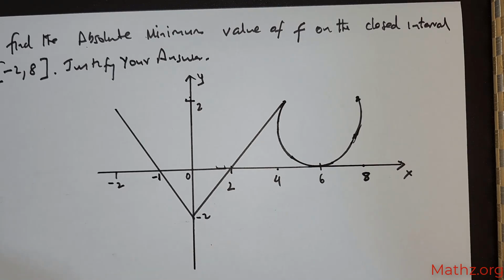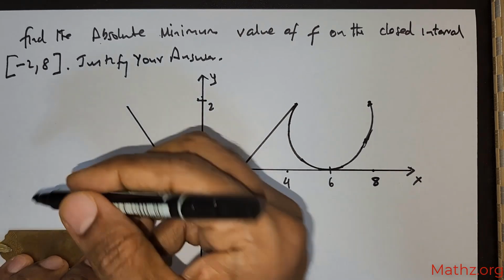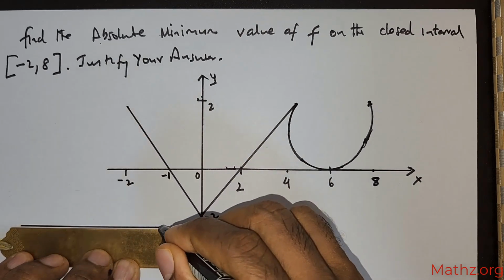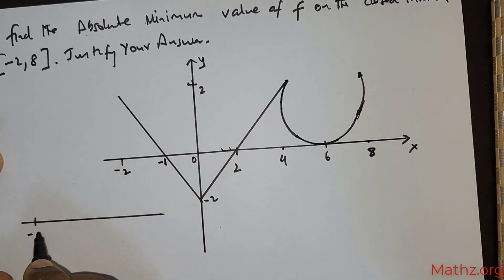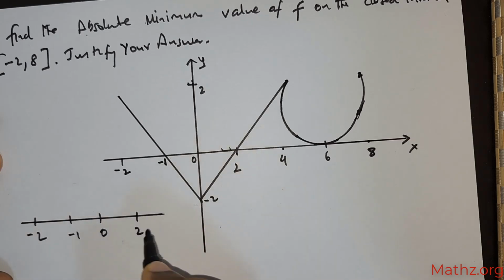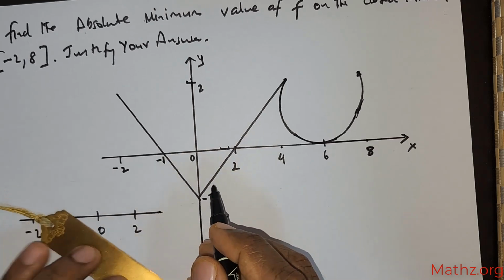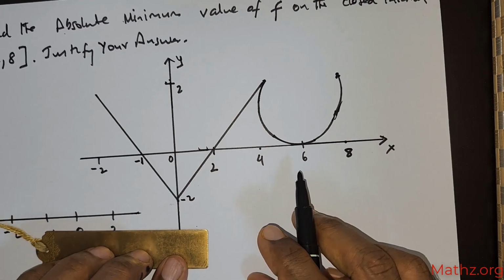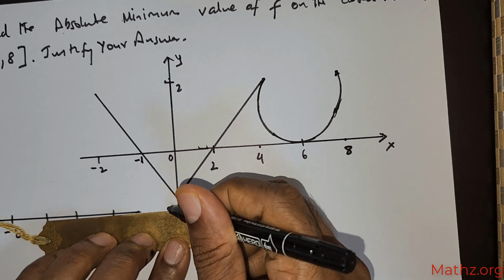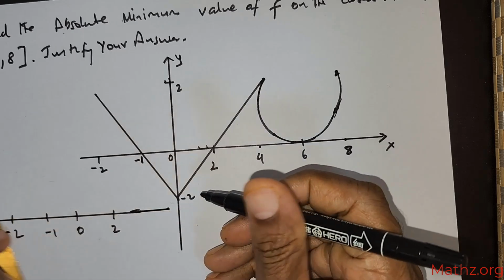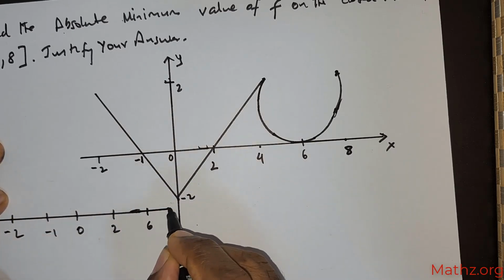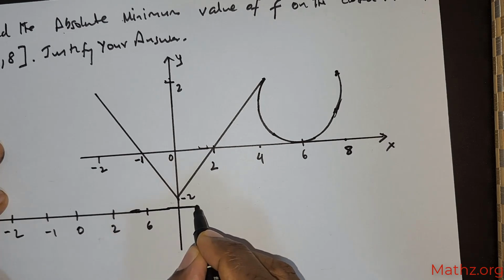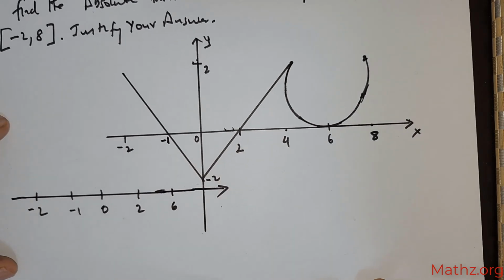If you were to do that, let me draw the number line and place in the points. This is −2, −1, 0, then 2, and then we have 6 and 8. So this is the line.